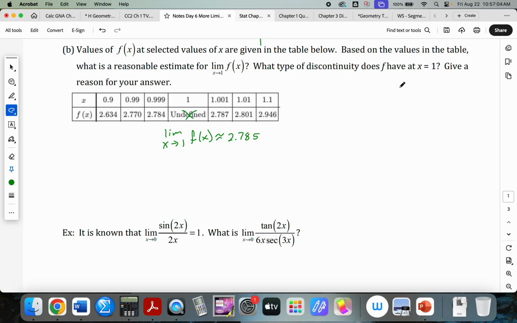What type of discontinuity does f have at x equals 1? The function doesn't exist here, but the limit does. What does that have to look like? It has to be a simple hole in the graph. What's the correct word for that? There we go. It's a removable discontinuity.